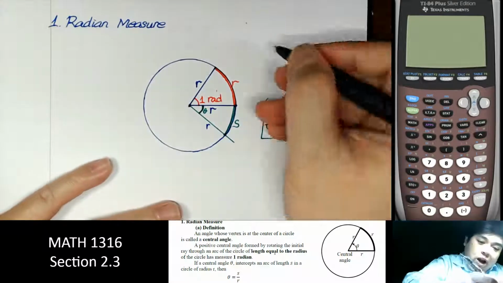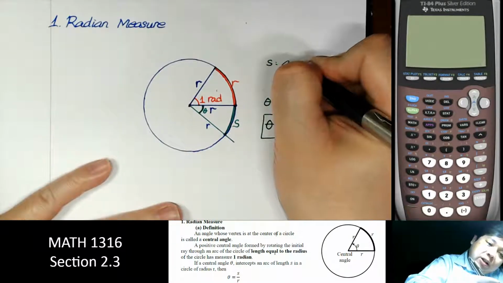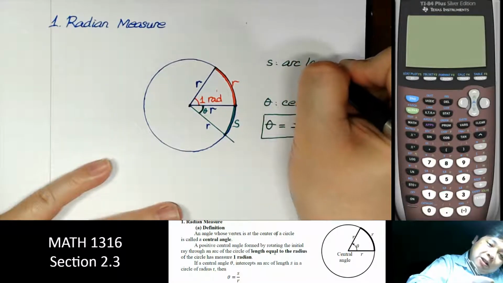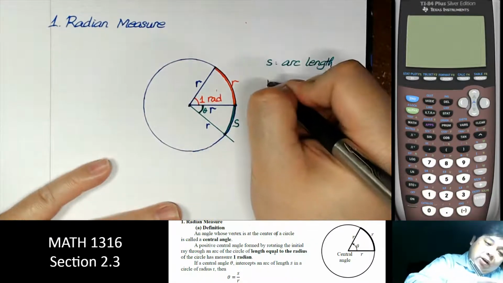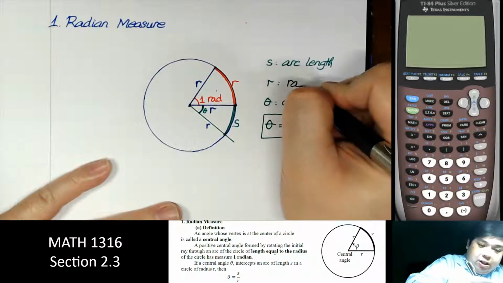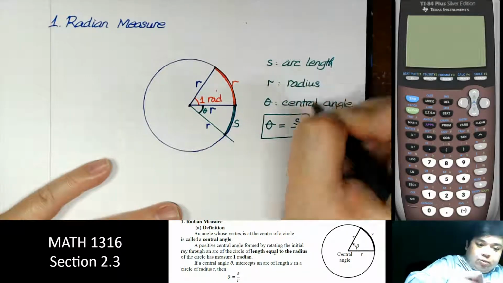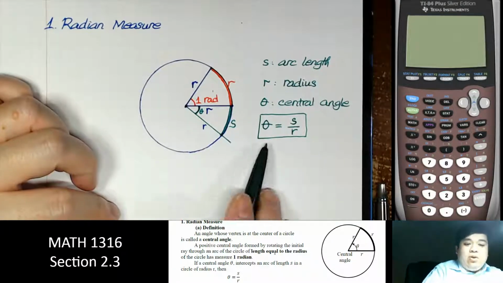S is the arc length, the length of an arc. R, of course, is the radius, and so that's what we have.